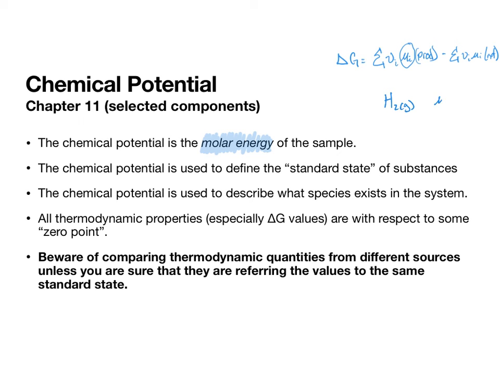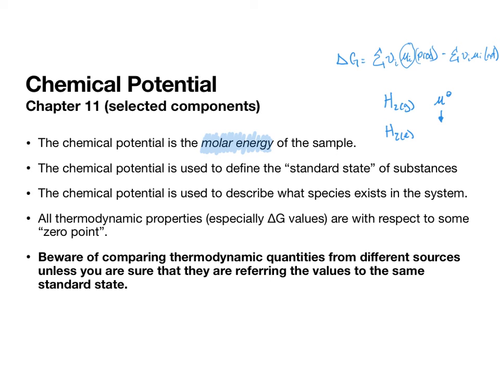And so that has a standard chemical potential. But if we took this H2 and turned it into liquid, we have to do things to this chemical potential to talk about how that species is changing. And so really this chemical potential is trying to identify changes in our species.